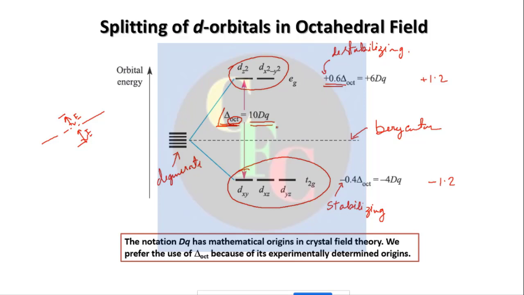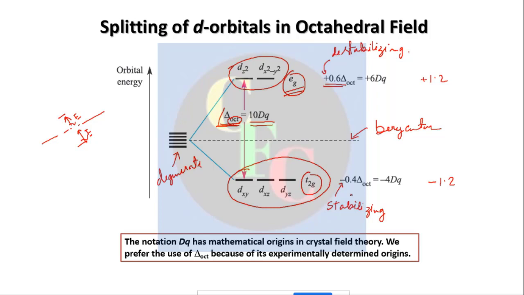One more thing you see is written here. If you mind it, we have denoted it as Eg and this term as T2g, right? For the time being, it's not in the scope of this class to describe these terms. They are group theoretical terms and related to spectroscopy also, but it's not possible for me to describe all these things in this lecture.